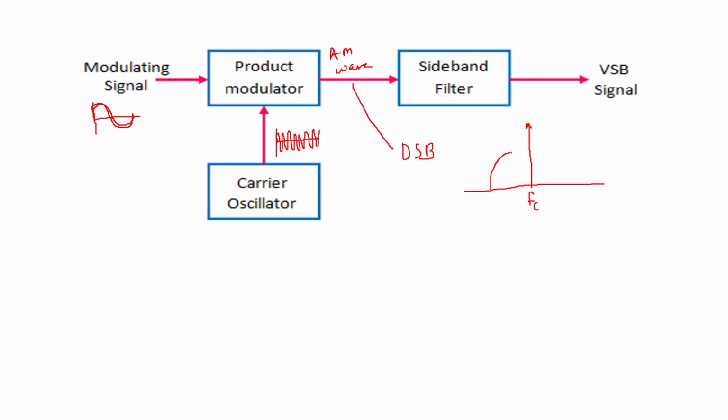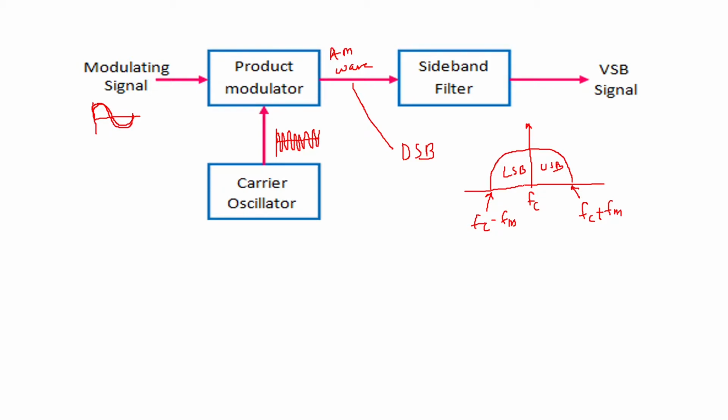You can see something like this, where this point will be carrier frequency plus modulating frequency, and this point will be carrier frequency minus modulating frequency. So this will be your lower sideband and this will be your upper sideband. So this is your double sideband.